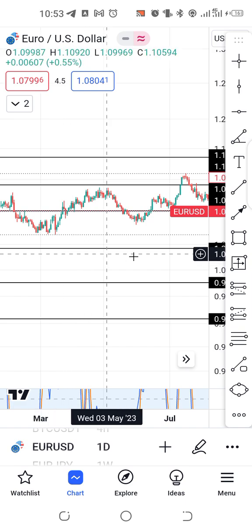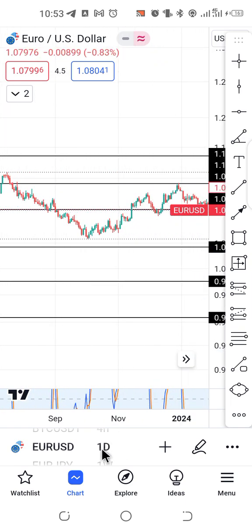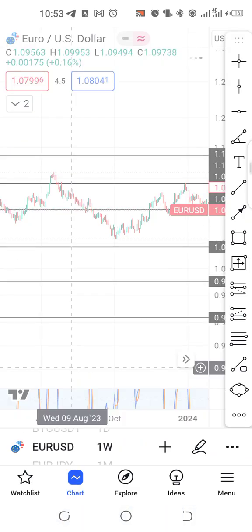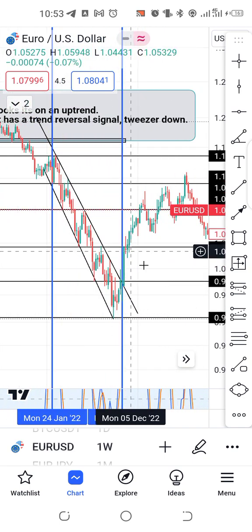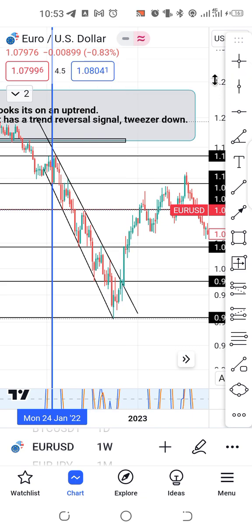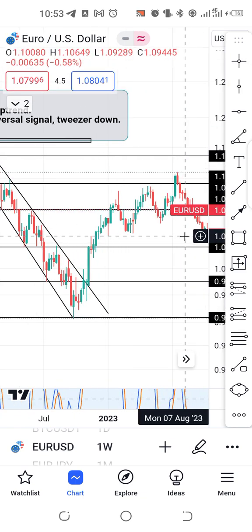I want us to look at the current, this is the daily candle. Let me switch to the weekly. Now if you consider the weekly time frame, let me delete these lines. I think we are done with it. This should also go away. All right, so let's look at now.